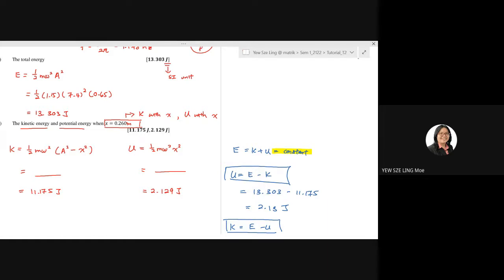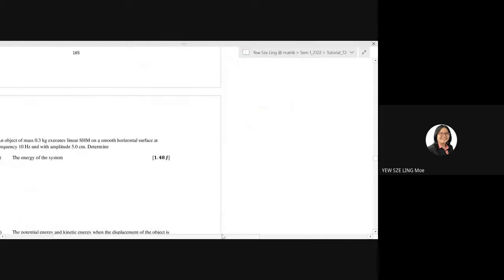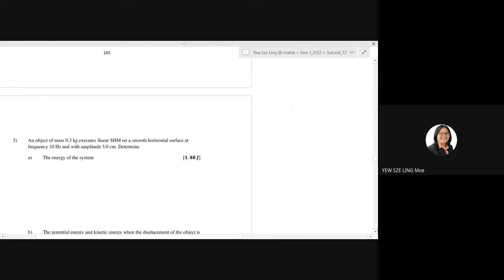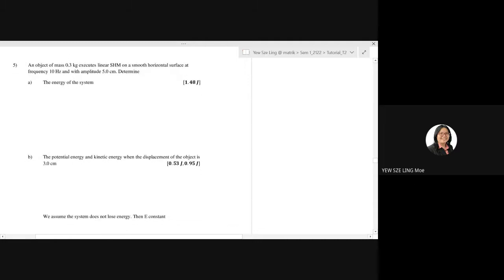Okay, last question. Let's see how to solve the last question. It is very similar to these questions. An object of mass 0.3 kg executes linear simple harmonic motion on a smooth surface at a frequency.